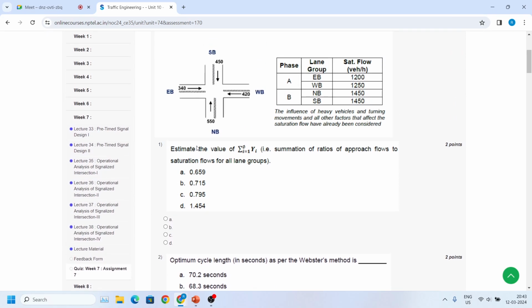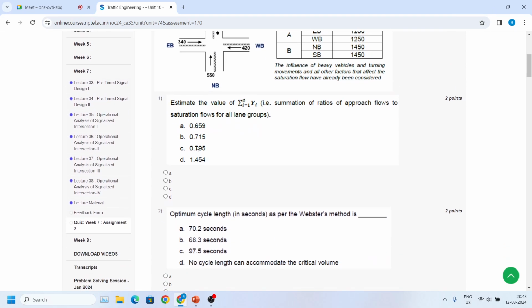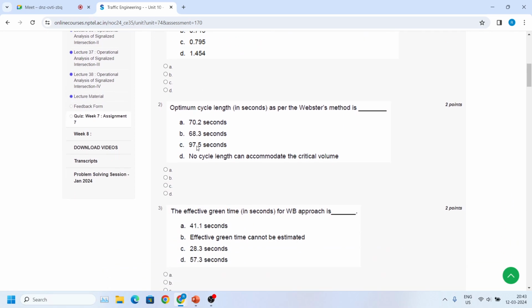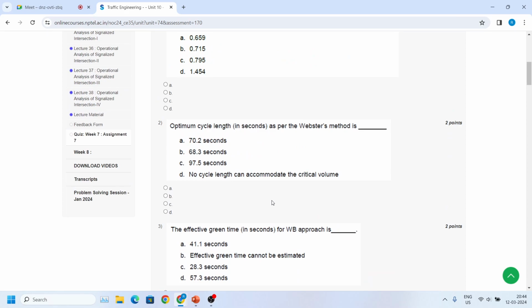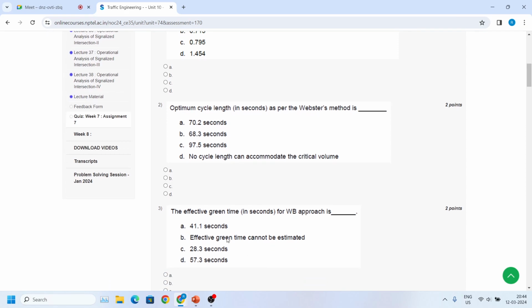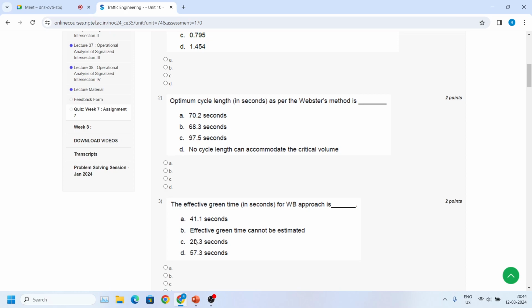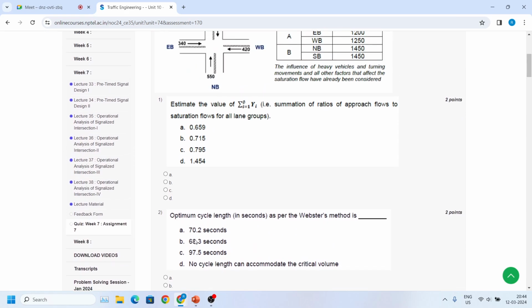I have to work it out with this data. I think it should be estimated. You will be able to estimate it, but which value you will be getting, you have to check. That's what I think, yeah.